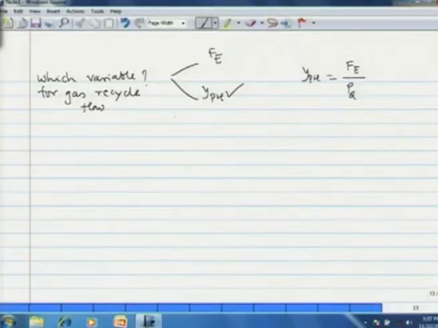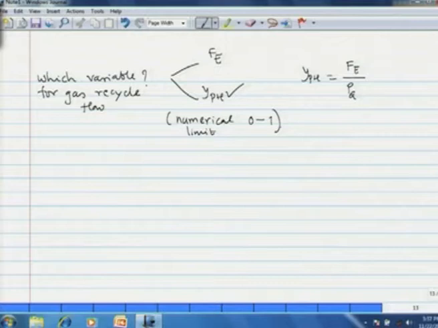YPH is essentially a mole fraction of hydrogen in the purge gas, and being a mole fraction, it has numerical limits of 0 and 1. Mole fraction has to fall between 0 and 1. So, it helps in doing material balance if we use YPH as the design variable.